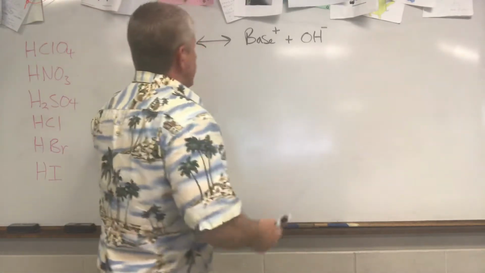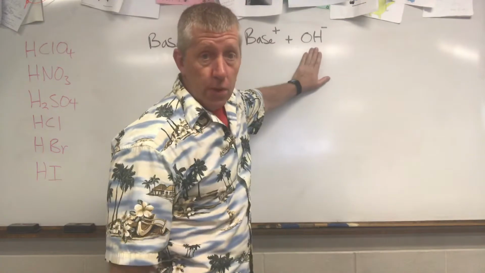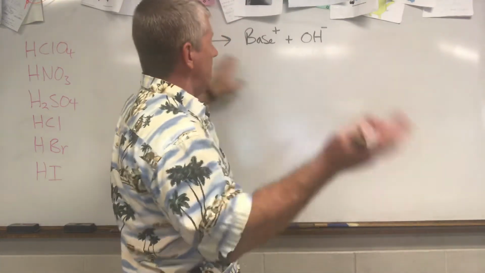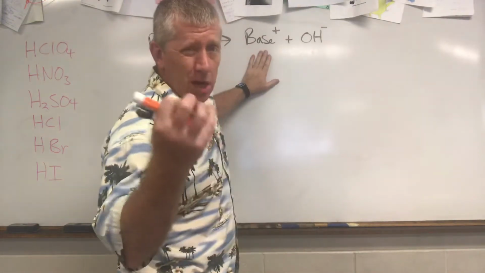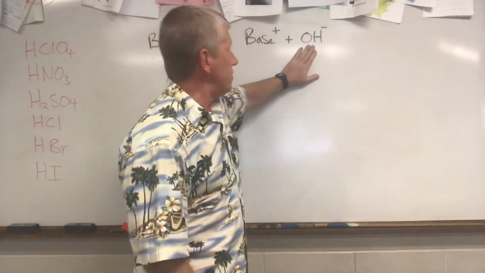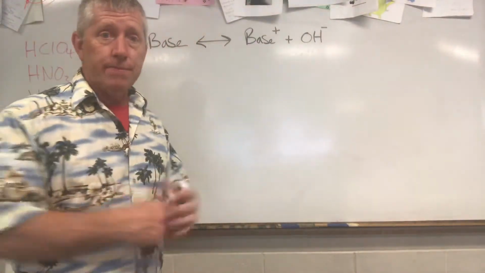You put a base in solution, you end up with extra hydroxide. It could be like lead hydroxide, or it could be ammonia, which chews up some of the hydrogen, leaving you with extra OH. Doesn't matter what it is, that is a generic way of writing a weak base reaction.